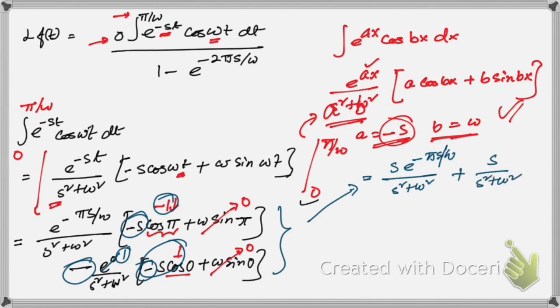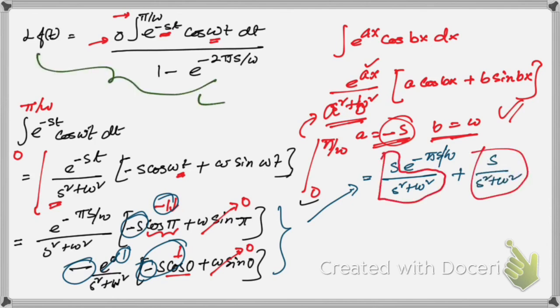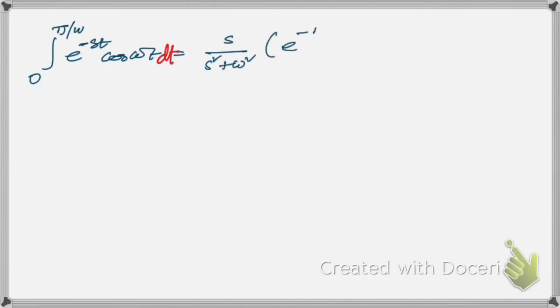Now let us take this part common. So this is, suppose, equation number 1. Now let us write the result of this integration. This integration is equal to, taking s by s square plus omega square common, within bracket e to the power minus pi s by omega plus 1.